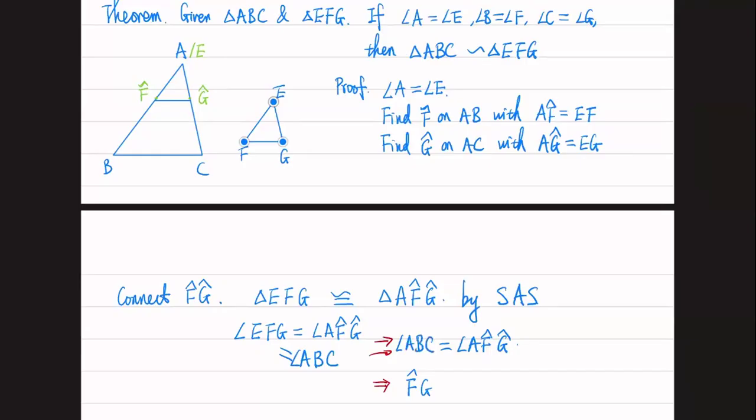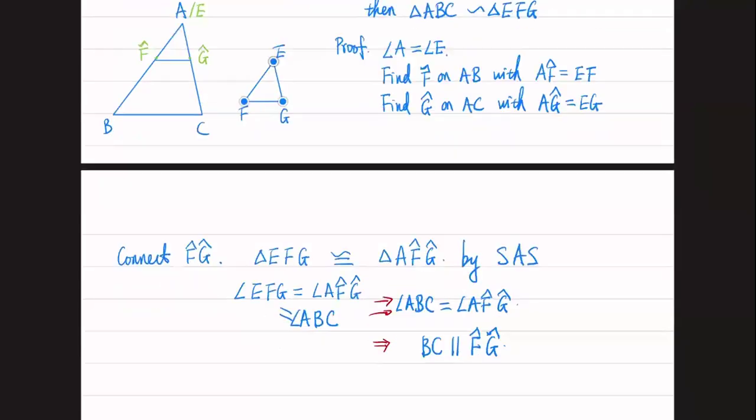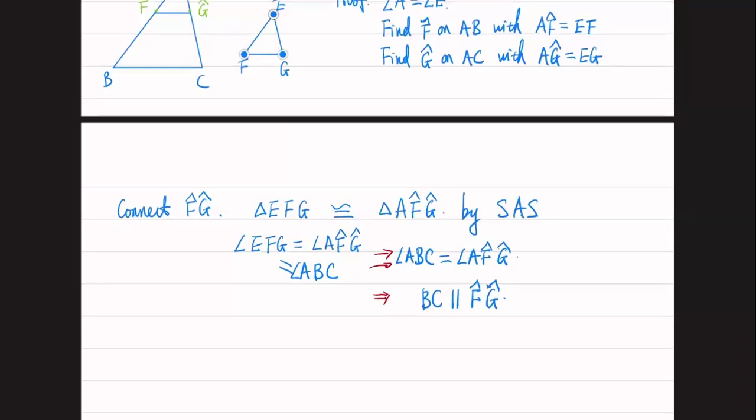So this implies FG is parallel to BC. Okay.